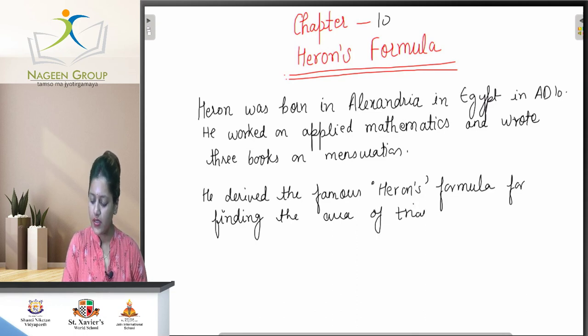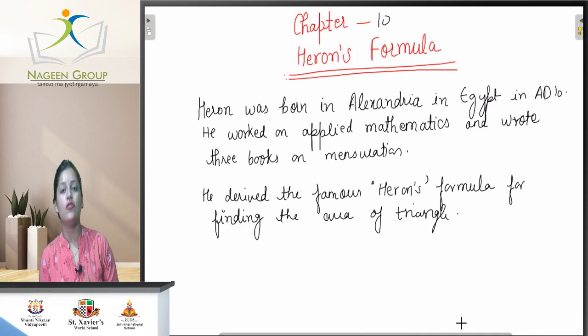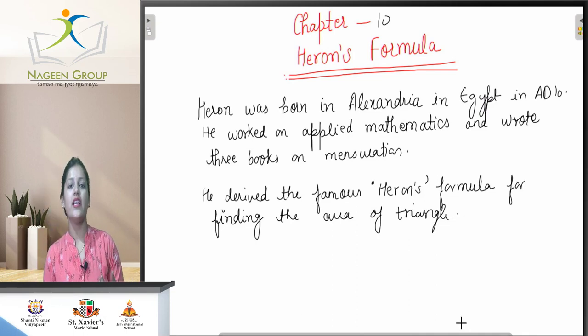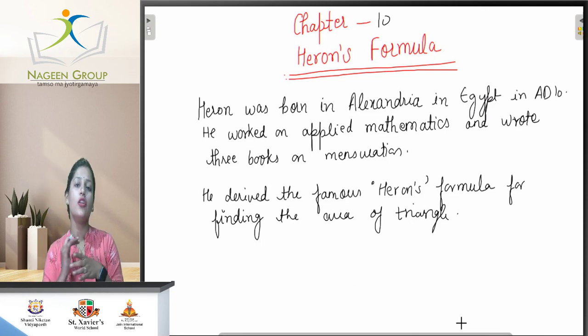What have you learned? We have learned that he wrote 3 books which are known as mensuration, as well as he derived the formula, Heron's formula, which is useful to find the area of a triangle. For which type of triangle is Heron's formula used?